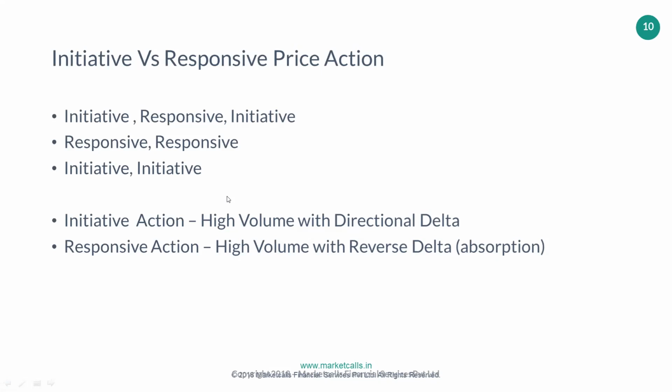And yes, so we are talking about initiative and responsive auctions. So there are different ways initiative auctions can happen. Especially when institutions want to drive, we talked about a local vendor, right?